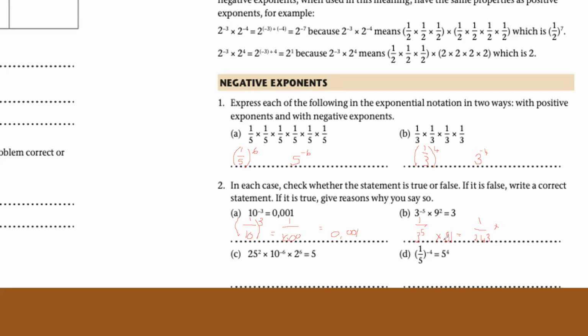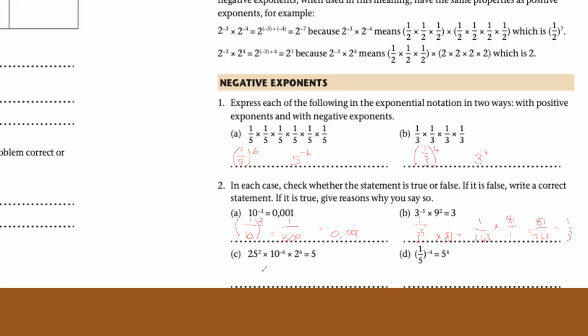Then we multiply that by 81 over 1. So you get 81 over 243. And when you simplify that, you get a third. So this one is false. It's not 3, it is a third.